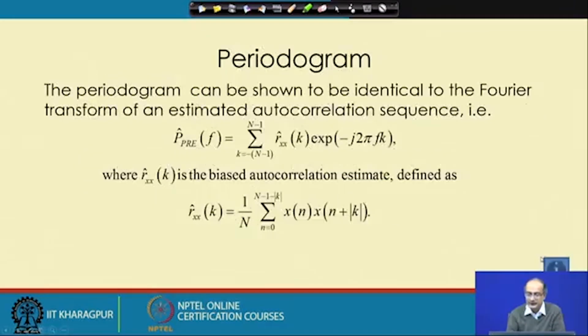But here the things are a little different. We do not have n tends to infinity in this case. Expectation operator is also dropped. So, we have to be contented only with the estimated autocorrelation sequence. Okay. And that estimated sequence is given here, what would be the autocorrelation estimate here.